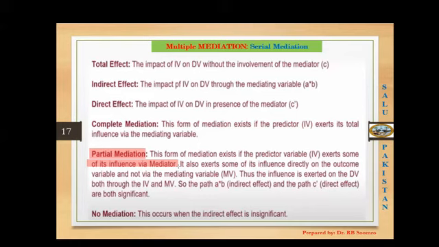So this situation is called partial mediation. And last but not least, there is no mediation. It means mediation has not occurred if there is no relationship between the independent variable and the mediator.